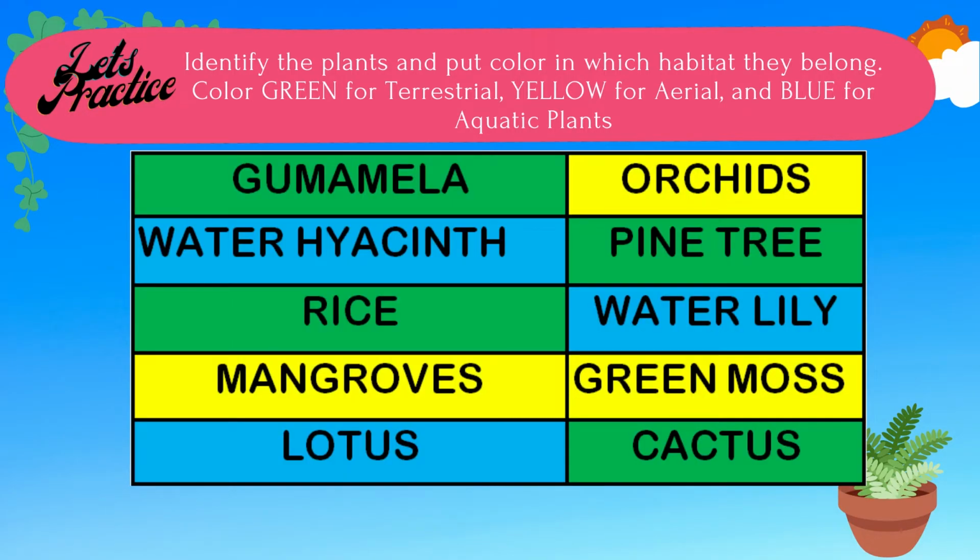The terrestrial plants or TP are gumamela, rice, pine tree, cactus. The aerial plants or AEP are orchids, mangroves, and green moss.